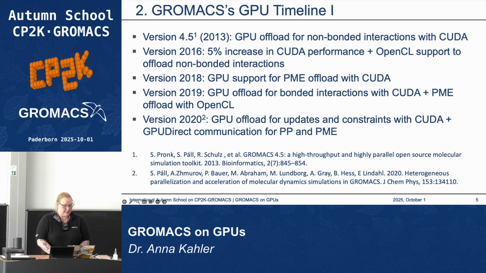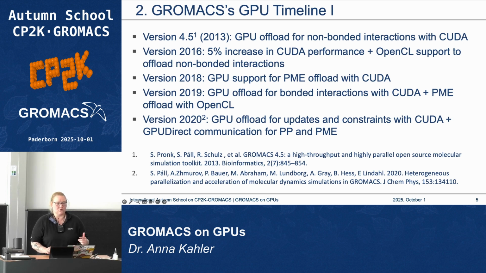So 2020, they implemented the offloading of updates and constraints. So this is the updating of neighbor lists and the constraints that you put on hydrogen bonds in your protein or water or whatever you're going to simulate. And they implemented the GPU direct communication for particle-particle interactions and particle mesh Ewald.